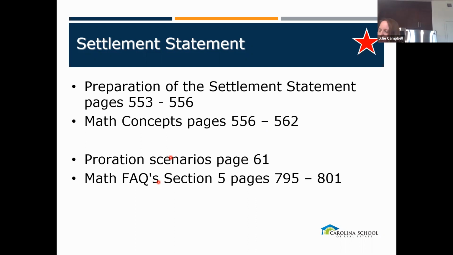Then under the buyers, there's the earnest money. Earnest money is going to be a credit to the buyer. They paid that when we went under contract, and we told them, if you make it to closing, the earnest money will be credited back to you. So now we're at closing, and we need to make sure that we credit the buyer. The buyer's loan on the day of settlement is a credit to the buyer.